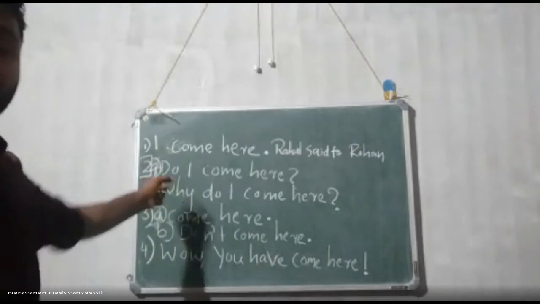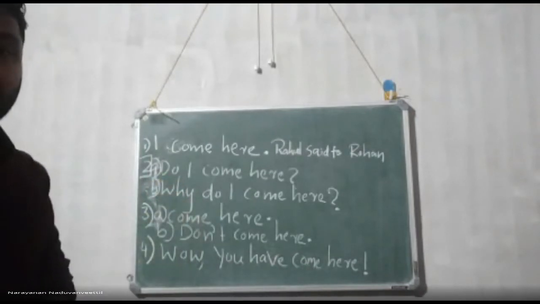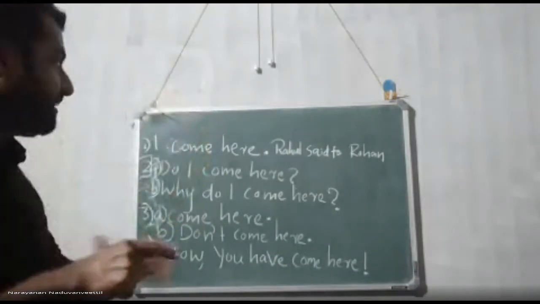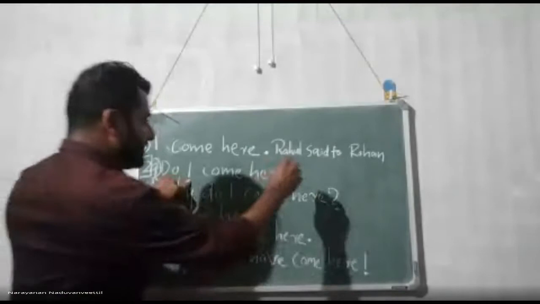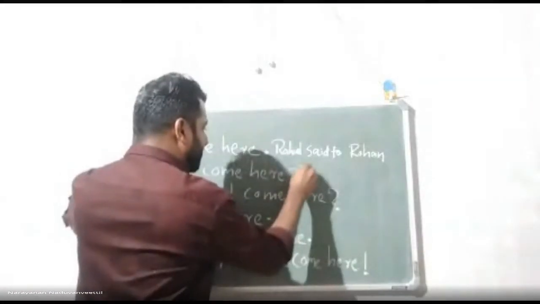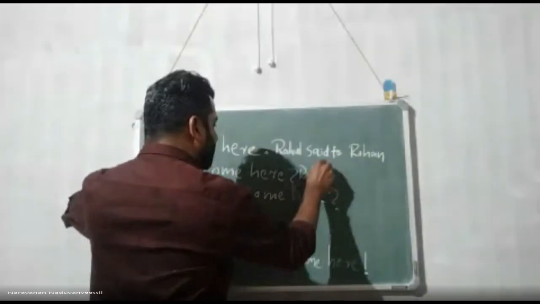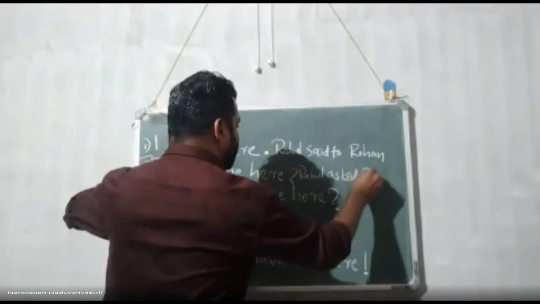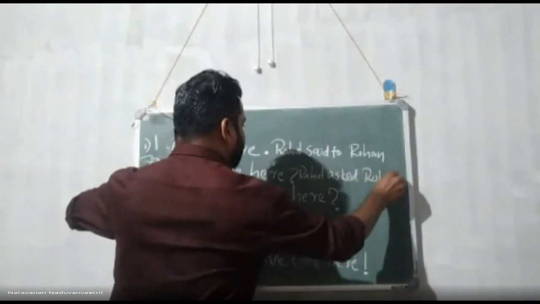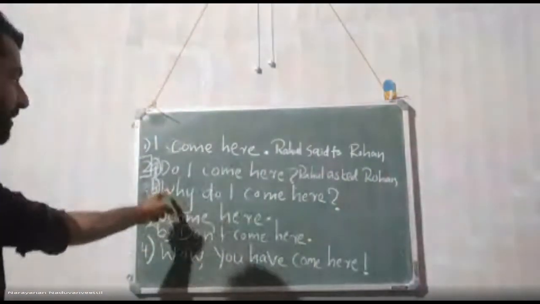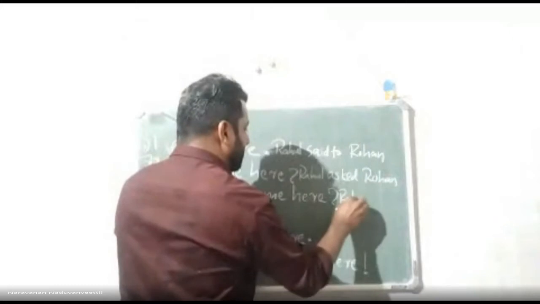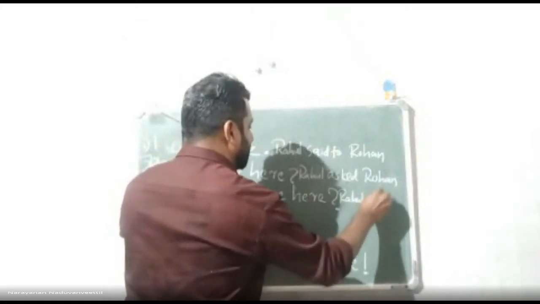Second sentence, you can see it is a question. How would we make the beginning sentence? We can make it like this. As it is a question, Rahul asked Rohit. Sentence A or sentence B, same. Rahul asked Rohit.